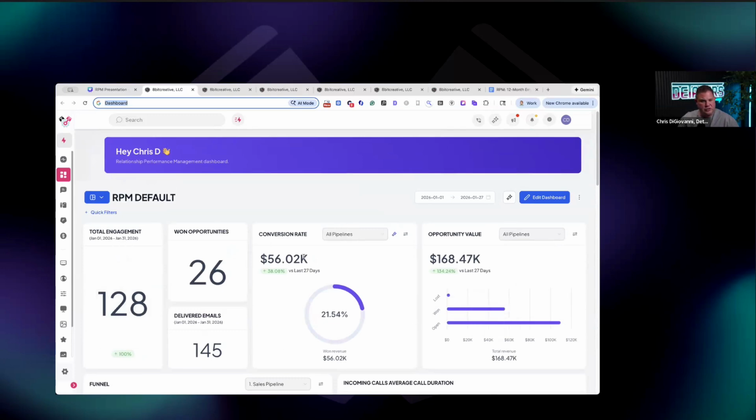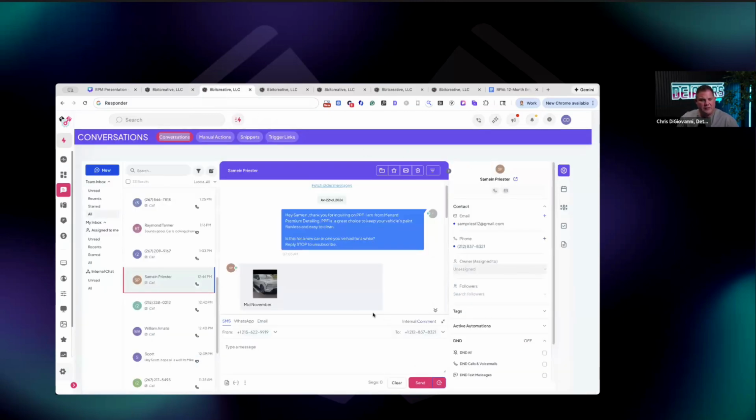This system has just been operational for this specific client for a couple weeks, but it's already showing him delivered emails and then their true conversion rate. He might not have even had a true understanding of what his real conversion rate was out of the gate.